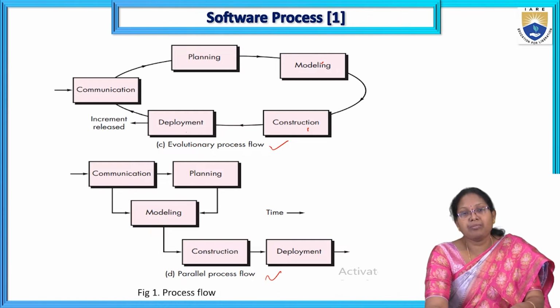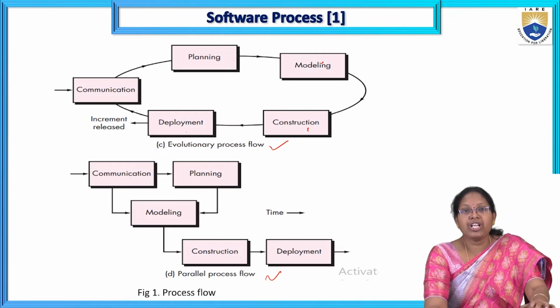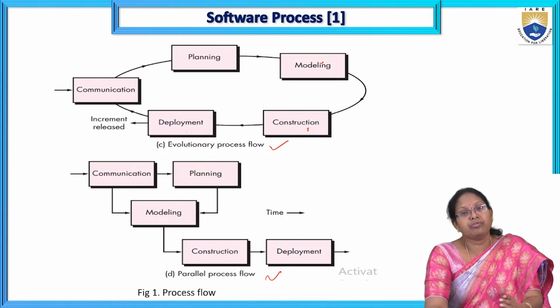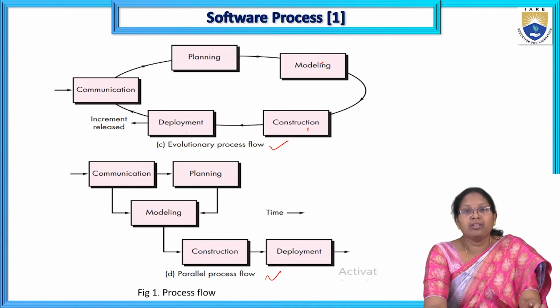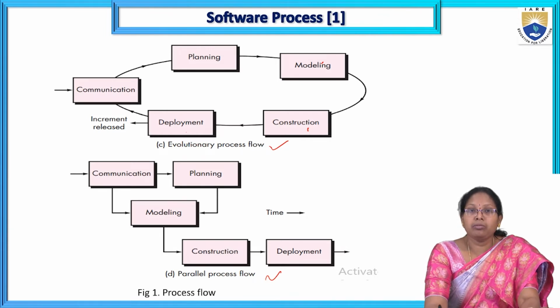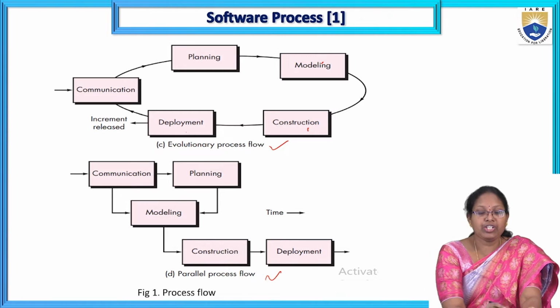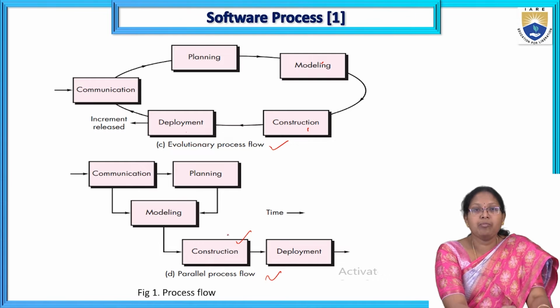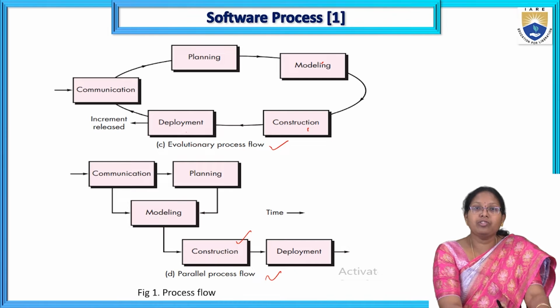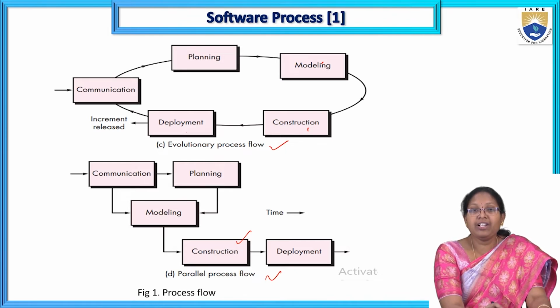One subsystem contains communication and planning, and the second subsystem goes for communication. Suppose module number 1 is in the construction phase, then module number 2 may be in the modeling phase. Like that, parallelly all the modules are completed, and the final product is deployed to the customers.